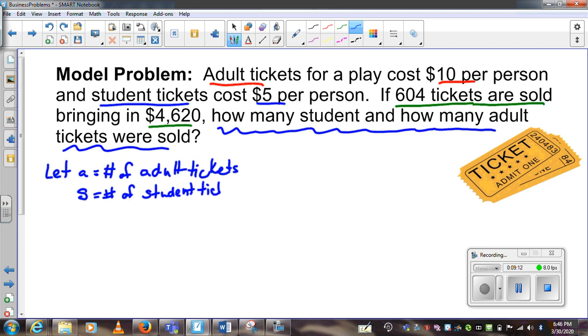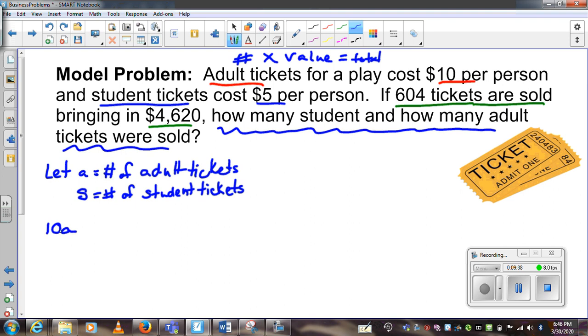Okay, 2 variables. I'm going to need 2 equations. So the first one, we're going to use our whole idea of number times value equals total. That just doesn't seem to go away, does it? Number times value is total. Well, we have adult tickets for $10 per person. It's going to be $10 per person times the number of adults.